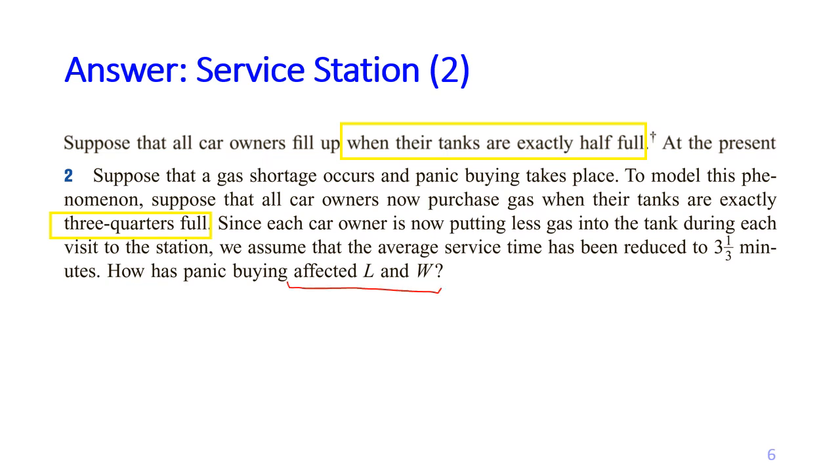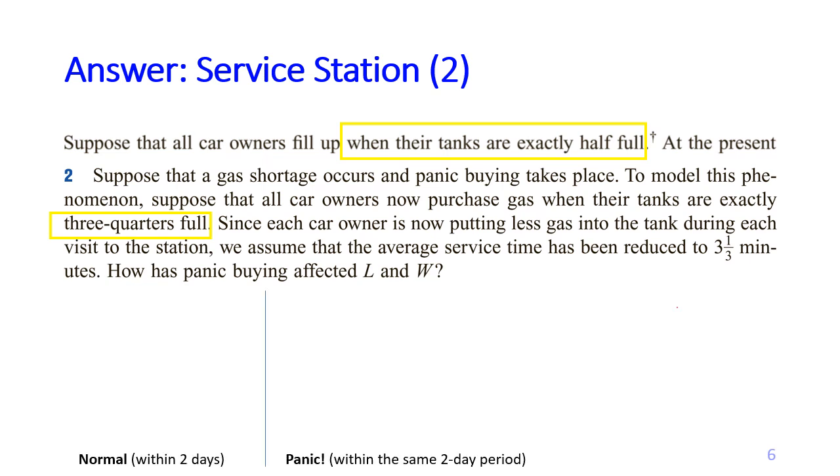So we are still calculating L and W, but obviously the queuing system has been changing due to the panic buying. Let's take an illustration here. This is the normal condition, and let's say we're looking at a 2 day period, and then we have the panic buying condition, looking at the same 2 day period.